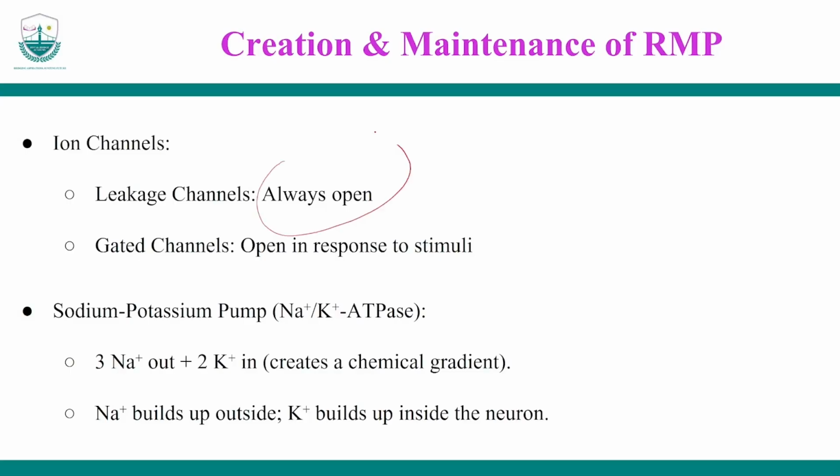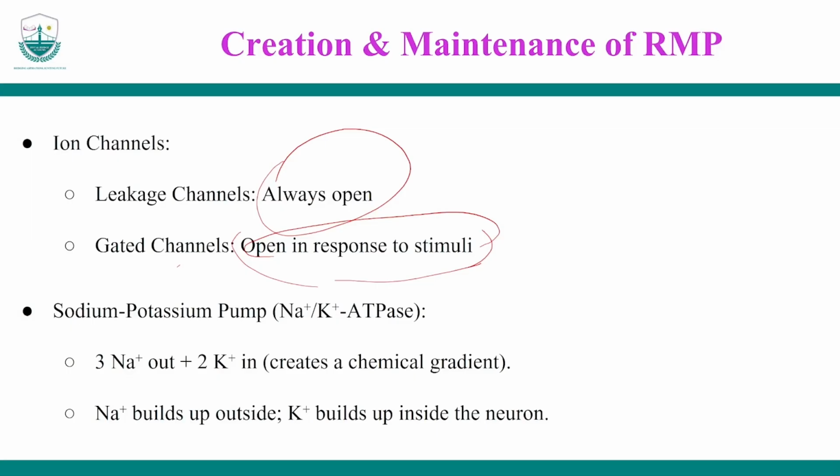These ones are always open. That means that they allow ions to move freely. And then the gated channels are those that can only open when there is a stimulus. Okay, so when there is stimulation, then that is when they can open. So we call them gated channels.